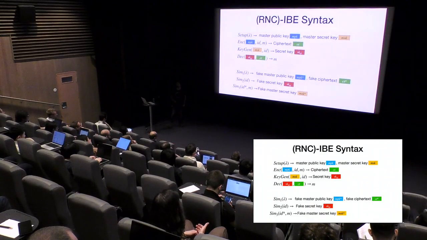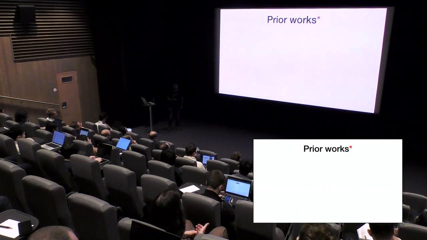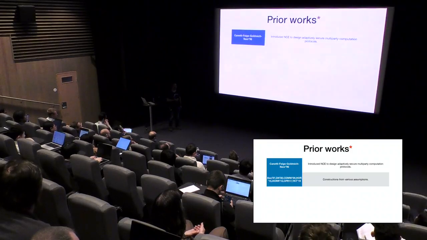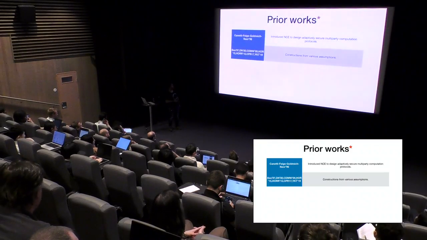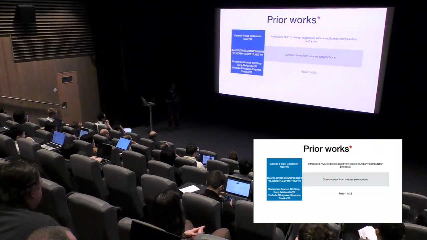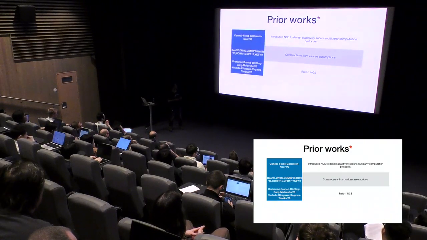Make sense? Okay, so prior works in non-committing encryption: it was introduced by Canetti et al. in the multi-party setting. And then there have been lots of works improving the rate, assumptions, etc. And there were two works which constructed rate 1 NCEs.